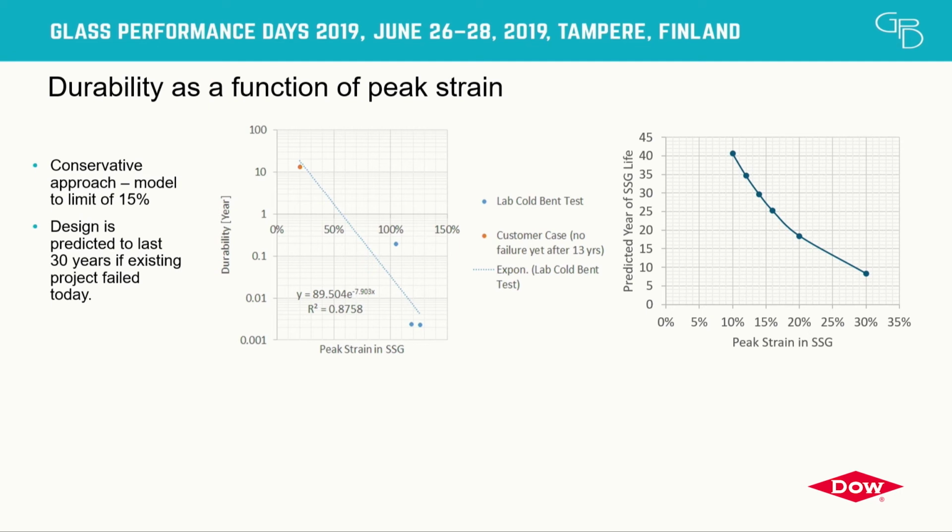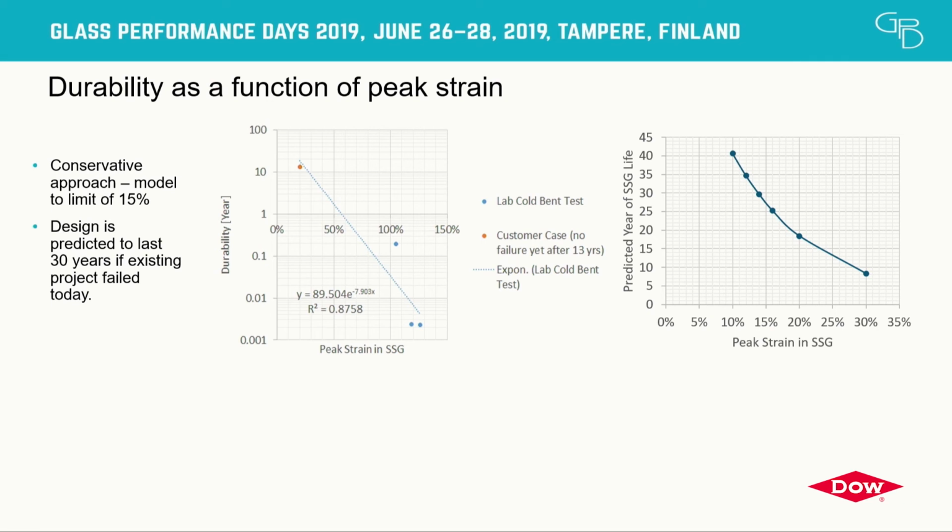So if this is at 20%, this is at 15%, you're starting to get into the 30 to 40 year time period of durability. And obviously, it's probably more than that, right? Because this hasn't really failed yet. But at least it's a place to start to try to develop a more robust methodology and incorporate the idea of creep or rupture or stress relaxation in these permanently loaded designs.